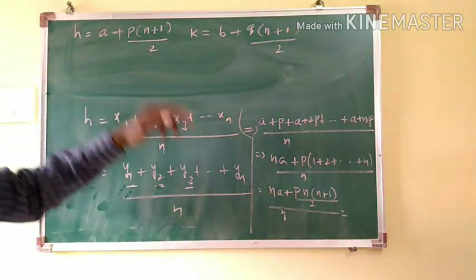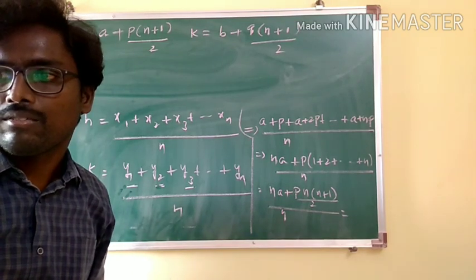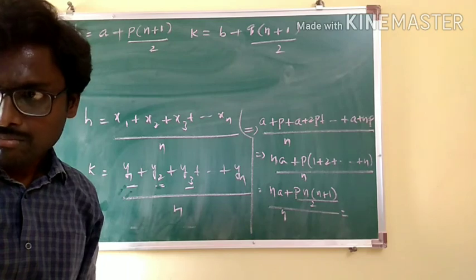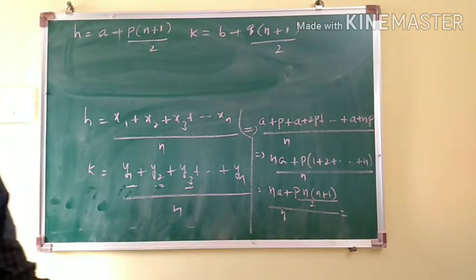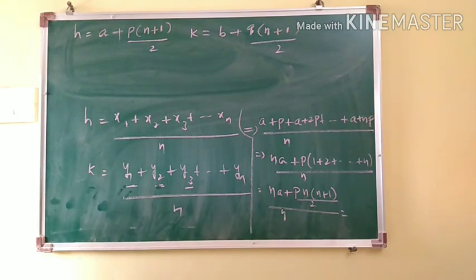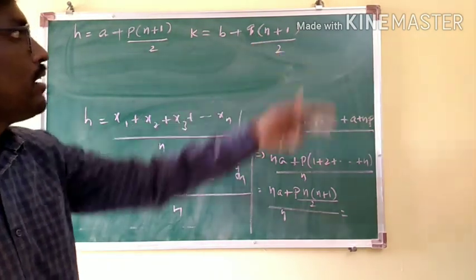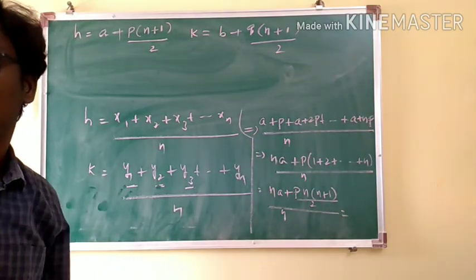Means here we have got h is equal to, what we have got? Just please be online. Yeah. h is equal to a plus p into n plus 1 by 2, and k is equal to b plus q into n plus 1 by 2. Here we are supposed to calculate the locus.